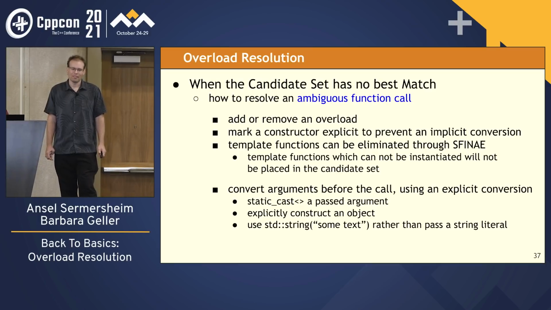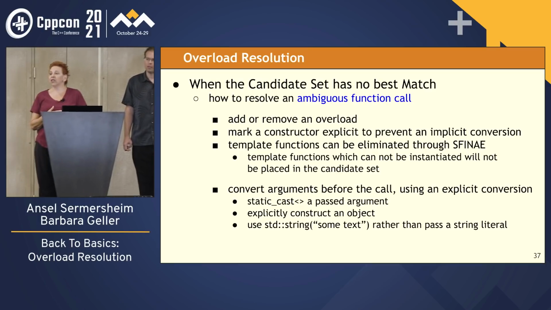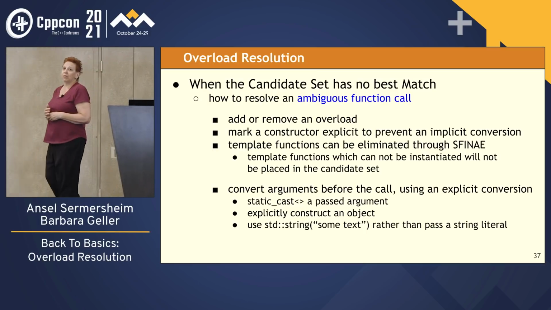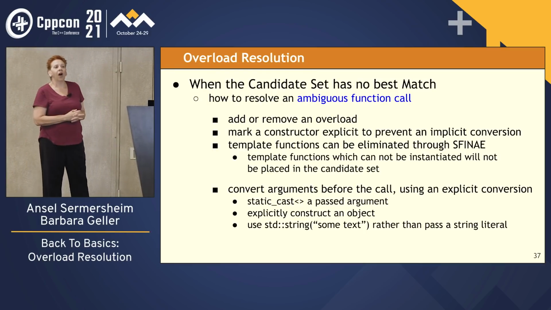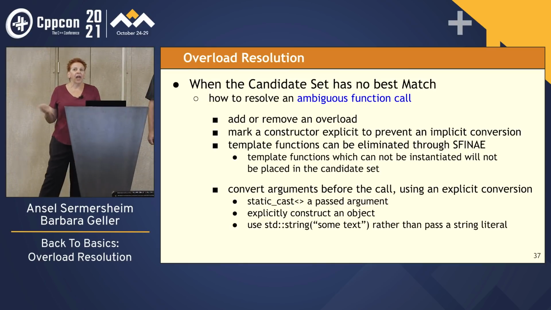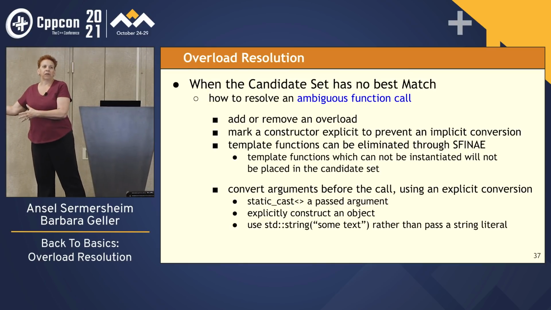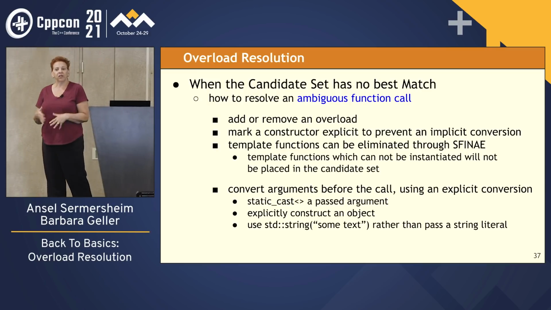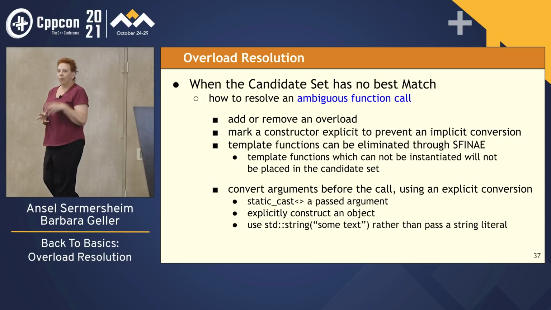But not always. You can also mark a constructor explicit to prevent an implicit conversion. And this was something that was asked, I believe, from the online. So if you're looking at your candidate list and you're like, I think it's hitting this one, just temporarily mark something explicit if it's in your code base or you have access to it. Mark it explicit.